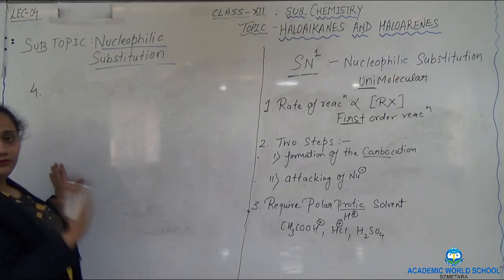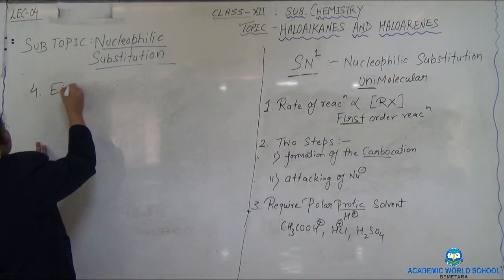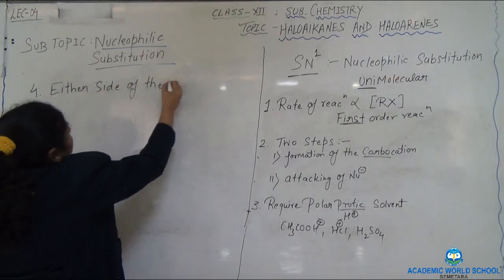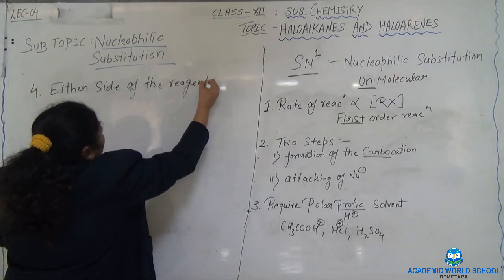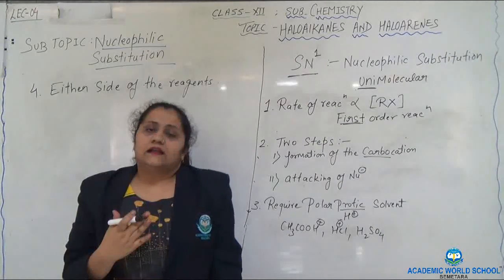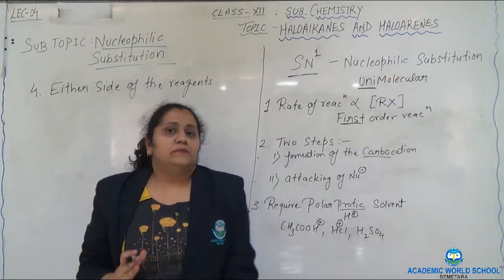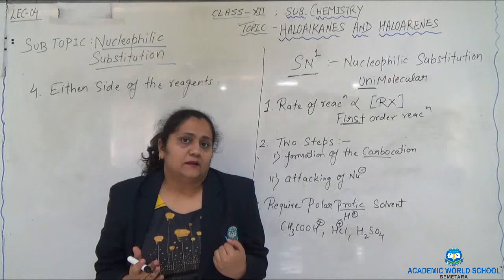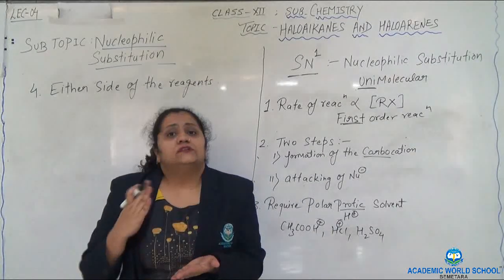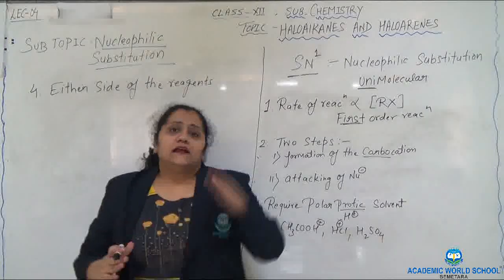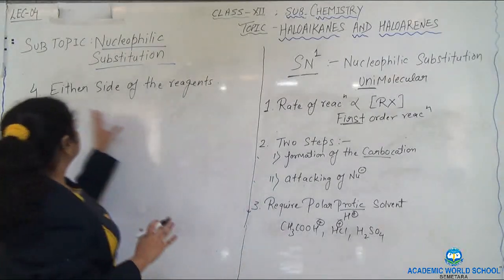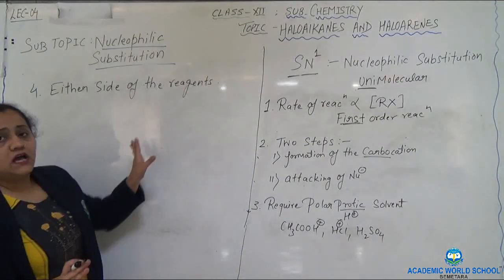The attack of the nucleophile is from either side of the reagent. In SN2 reaction, we always attack the nucleophile from the back side because of the repulsion of the halogen atom. But in this case, as the halogen atom is not present because of the formation of the carbocation, the nucleophile can attack from either side, the front side or the back side.